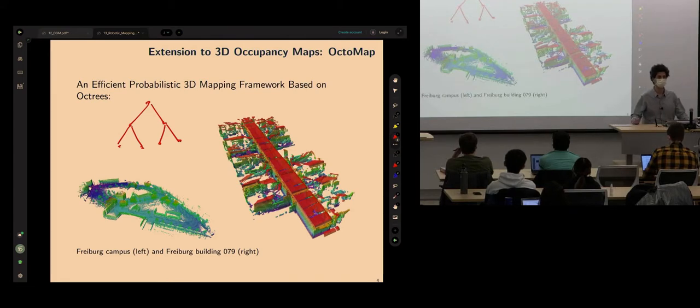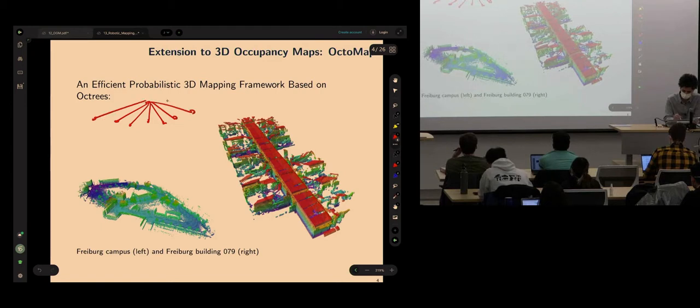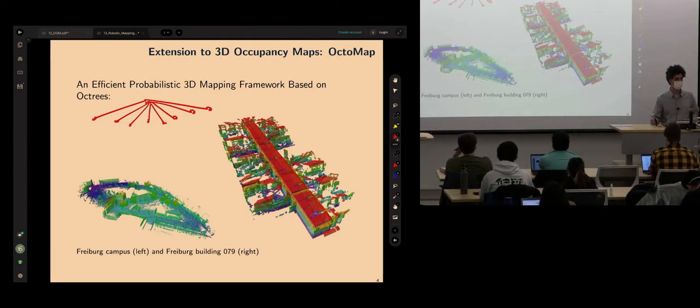Hence, Octree. So you get 8 voxels after one division. So each parent will lead to 1, 2, 3, 4, 5, 6, 7, 8 children.